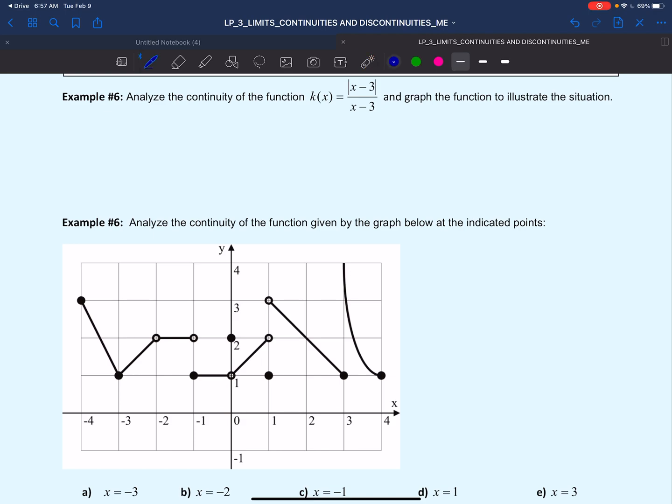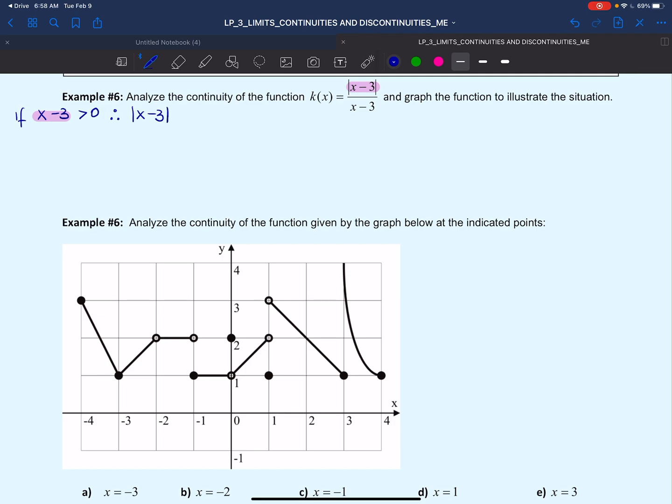Now, first of all, when we deal with absolute value functions, we have to remove the absolute value from the function. The way we do this is by analyzing the sign of the expression inside the absolute value. So if x minus 3, which is the expression inside the absolute value, is positive, it means that we are taking the absolute value of a positive number.